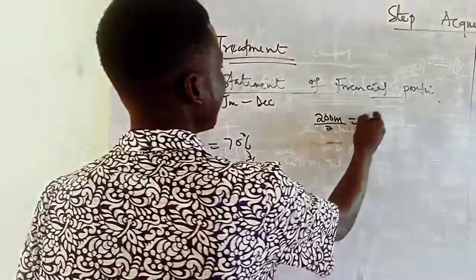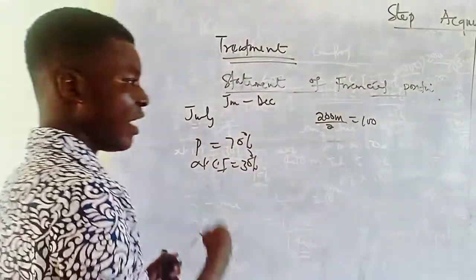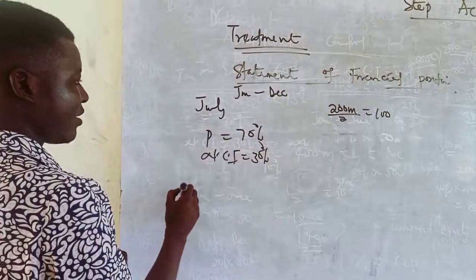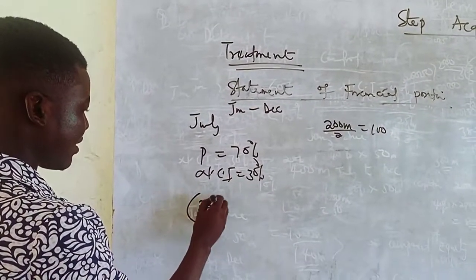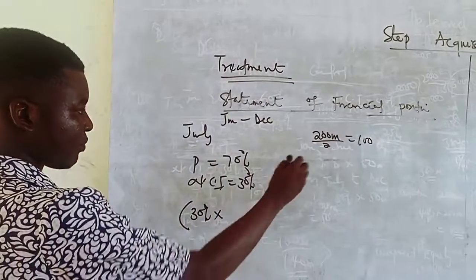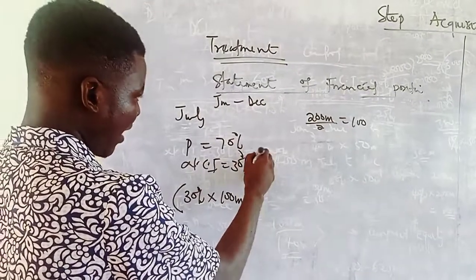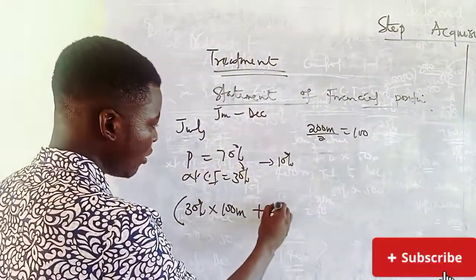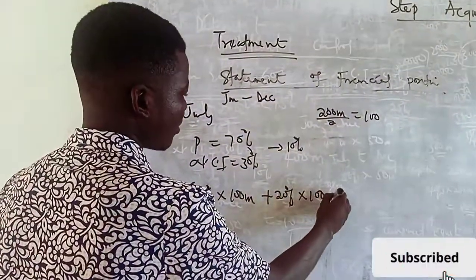So therefore, this will give us 100. So if you are looking at the share of the NCI profit in the statement of profit or loss account, it will be like this. Profit attributable to NCI will be 30% times the 100 million, plus the parent is buying 10%, so this will now be 20% times 100 million.